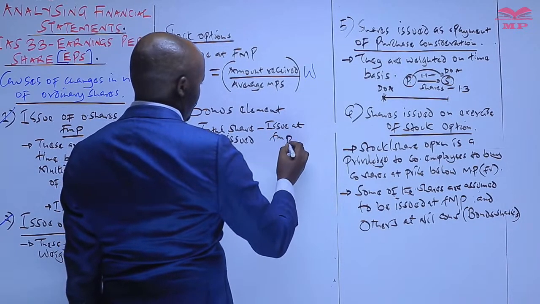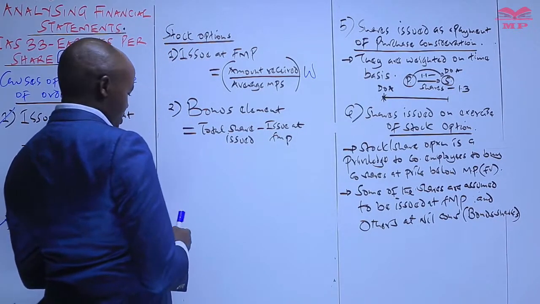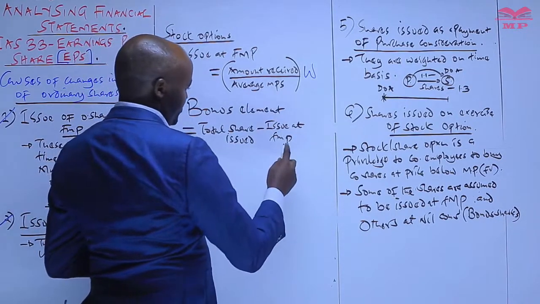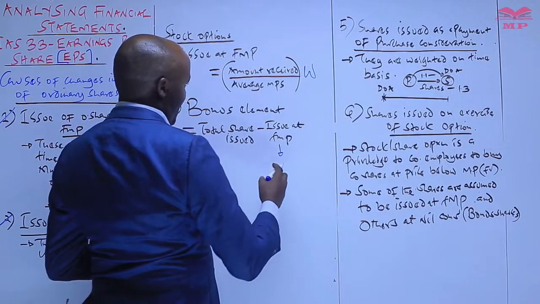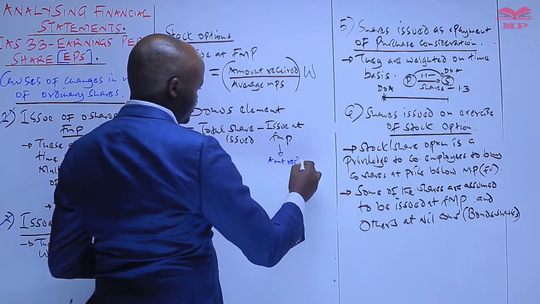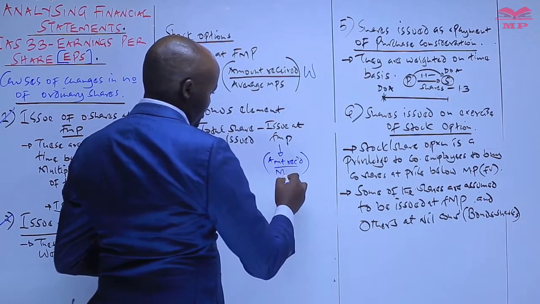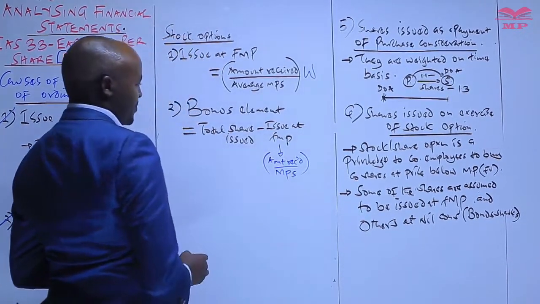The shares which were issued at full market price are determined by taking the amount received divided by the average market price per share.